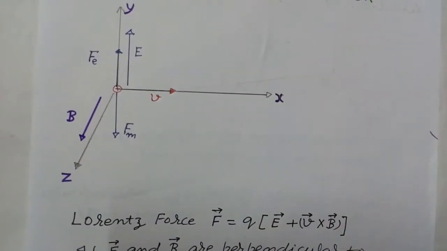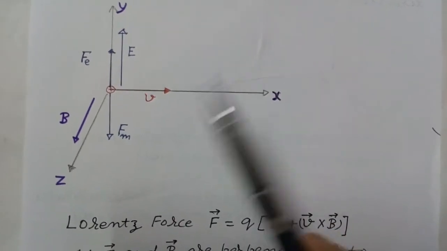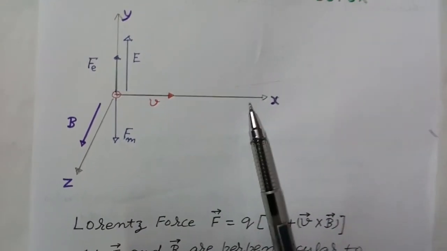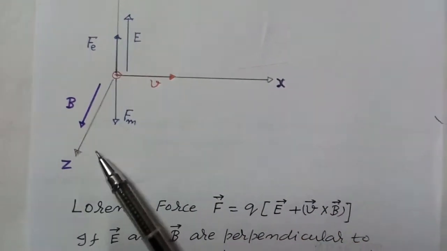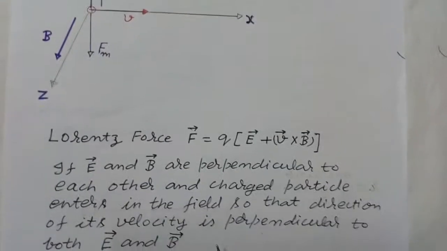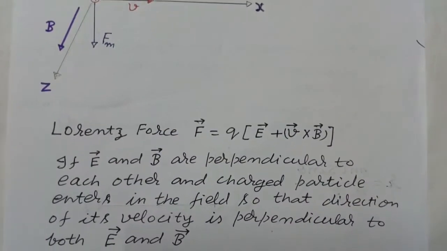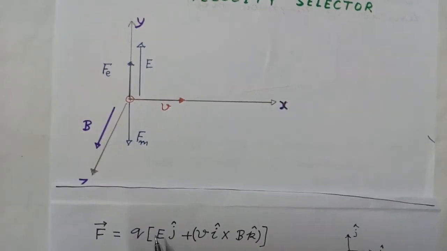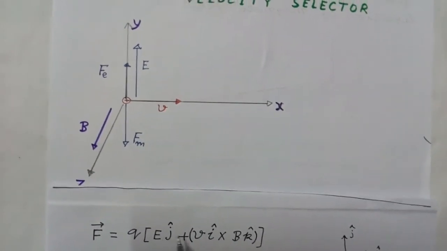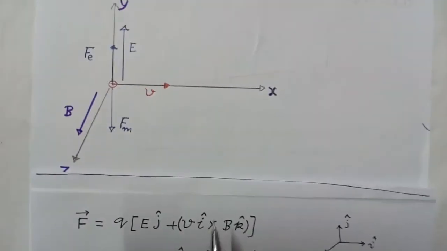Now if we use unit vectors i along x axis, j along y axis and k along z axis, for electric field we may write in vector form Ej, for velocity Vi, and for magnetic field Bk.